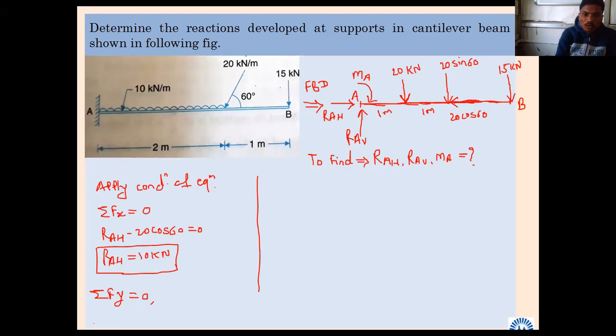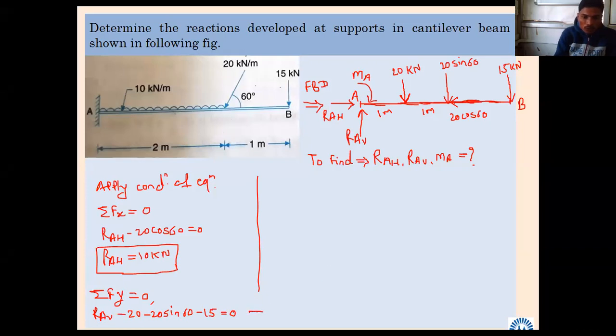Tell me someone. RAV will be positive, no? Because it is going upward. Okay, and remaining all are negative. 20, then 20 sin 60, then minus 15 equal to 0, no? Yes, sir.